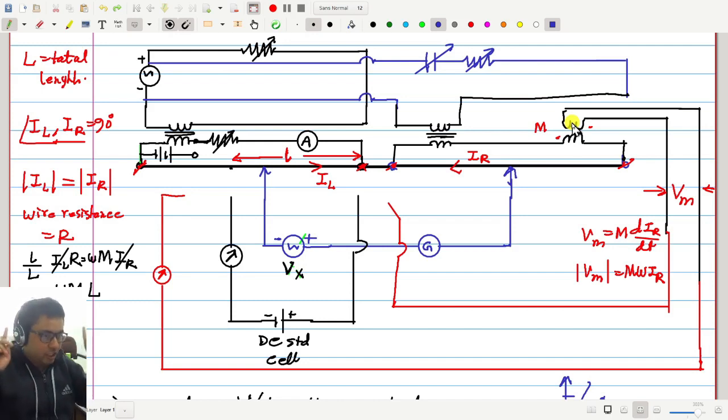You can take that as your standard and calibrate other things with respect to that. But we will call that a secondary standard, not the primary standard, because that itself is calibrated with respect to something else. Okay, so that is the thing.